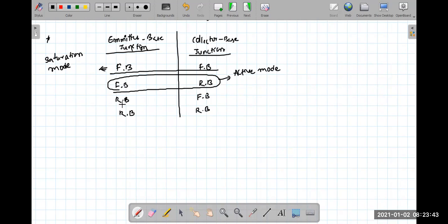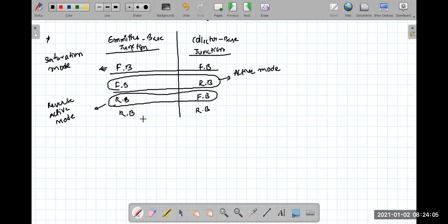Now, the reverse bias and forward bias, the third case, is exactly opposite to that of the second case. So this particular case is what is called reverse active mode, because the device will function exactly opposite to the active mode.